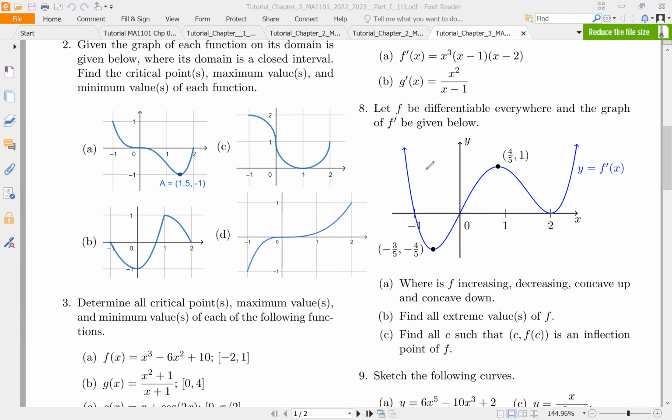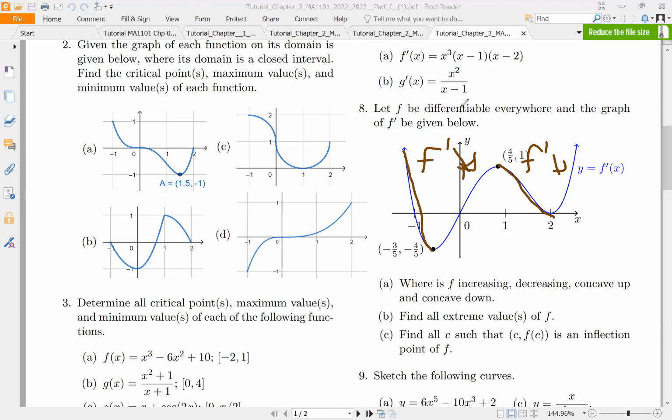On the other hand, if f' is decreasing, then the graph of f is concave down. You'll see from this picture that from this point to this one, f' is decreasing, and also from this one to this one, f' is decreasing.